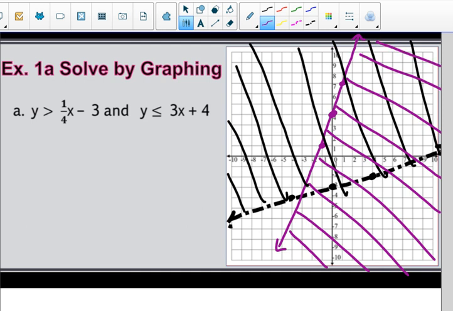And I can always double check that by picking a point. If I pick 0, 0, put 0 in for y, 0 in for x. Is 0 less than or equal to 4? Yes, so that's why we shade on that side. So now you can see which parts overlap. And I can erase what I don't need.